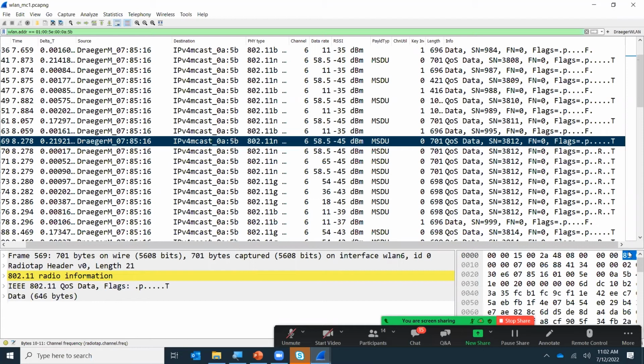Look at the data rates in the middle of the page. It starts at 58.5, relatively high, and then drops down as he retries. The rate selection algorithm is detecting you're not there, so it tries harder, which means lowering the data rate for more reliable data transmission. So here we go. This is a lost frame. This is a lost frame. Is this a client problem or an AP problem?